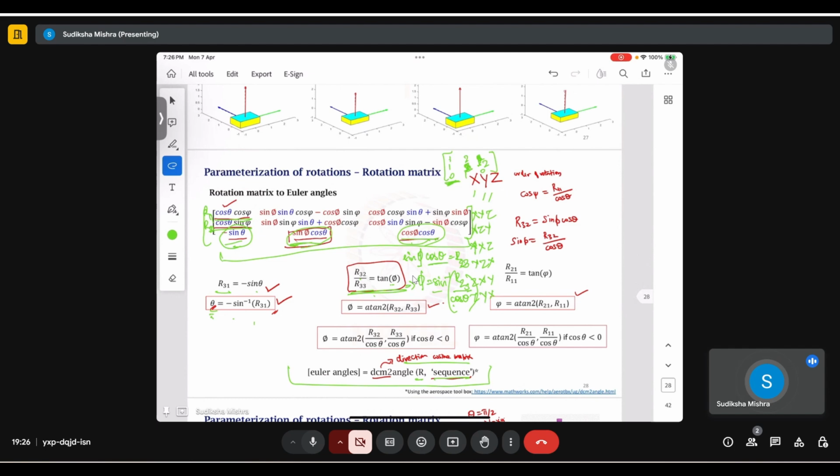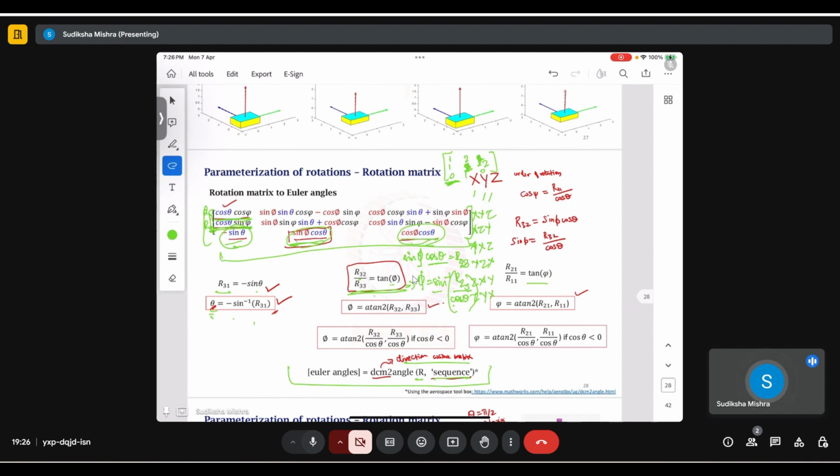Or you can divide these two terms, R32 by R33, which gives us tan of phi, and then you can take the inverse tan of this and it will give you the value of phi. And similarly you can compute tan psi by dividing these two terms, and you can compute psi by taking a tan inverse.